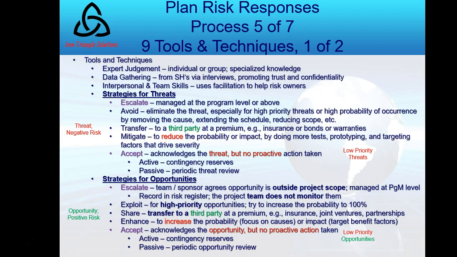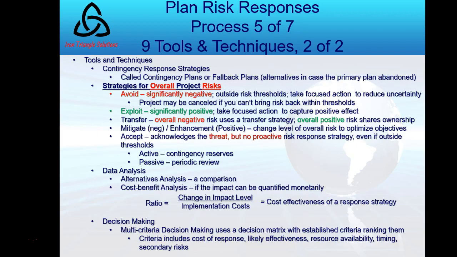It's going to transfer to a third party, so you might do a joint venture or a partnership with somebody. And then mitigate is to reduce the probability or impact, and to enhance is to increase the probability or impact. So it looks like a lot there. There's some great balance there.